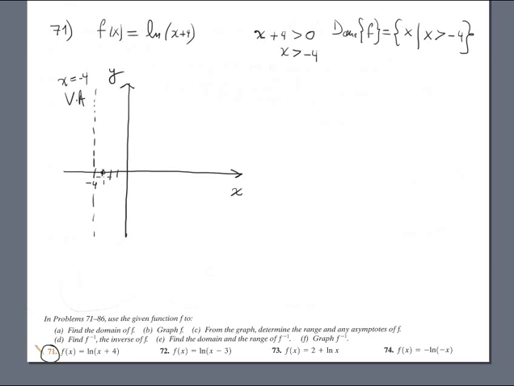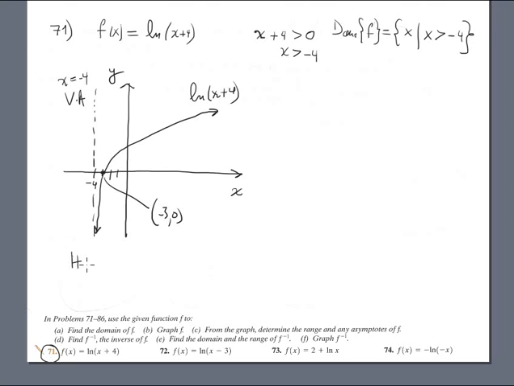Suppose -3. The point is (-3, 0), because -3 plus 4 is 1, and the logarithm of 1 is 0. Now the curve looks like that. It's a typical ln of x plus 4.